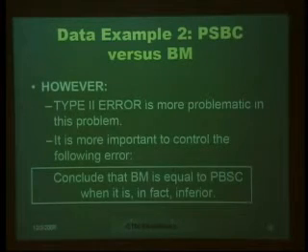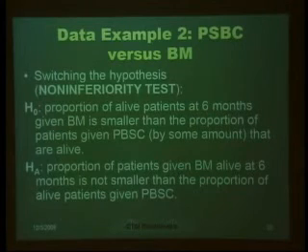So we switch the hypotheses. And this is what we call a non-inferiority test. My new null hypothesis is that the proportion of alive patients at 6 months given BM is smaller than the proportion of patients given PB. And I have to add this by some amount, so it's going to be smaller by some amount.